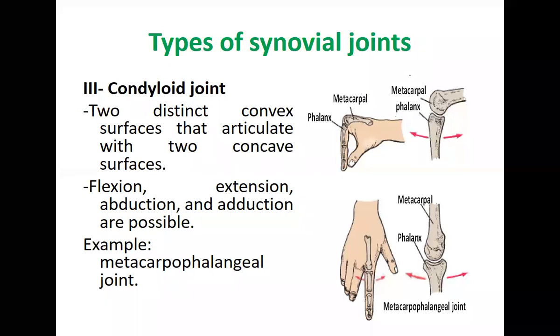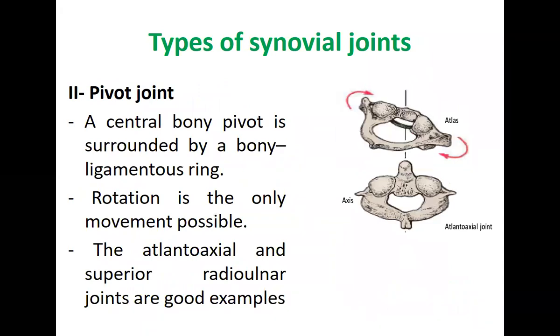What is flexion? What is extension? What is adduction, abduction, medial rotation, lateral rotation, circumduction? So this should be demonstrated. In the next lab, I will demonstrate the movements to you. So read and come for the next lab so that I can demonstrate all the movements of this joint.